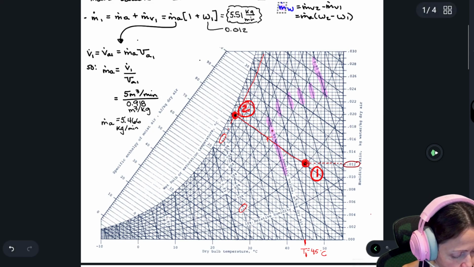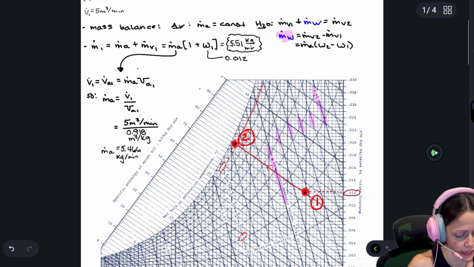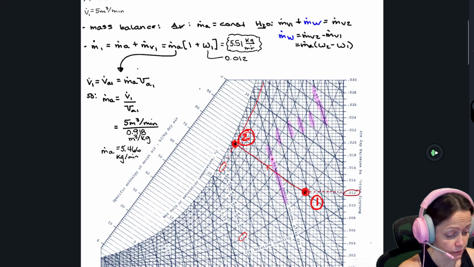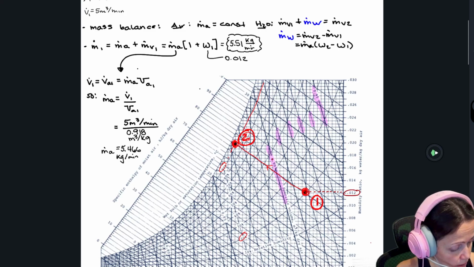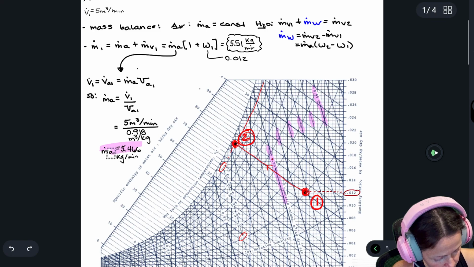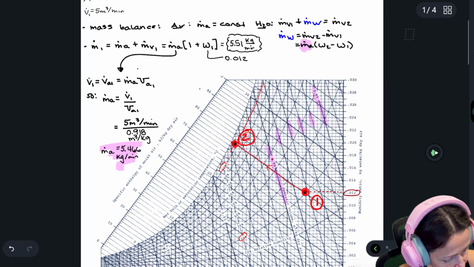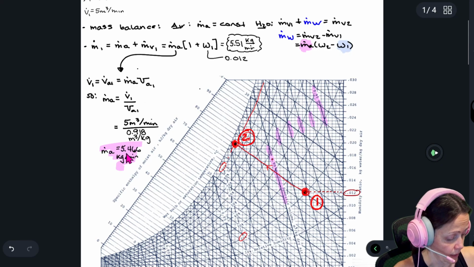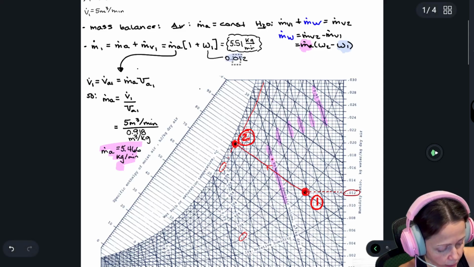So what we're really looking for is this guy up here, and we already got that with our mass balance on the water. And I've really got everything that we need because I've got my M dot A, this guy right here. I've got my specific humidity at 1.